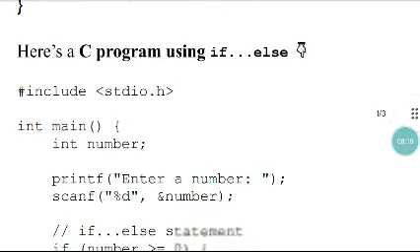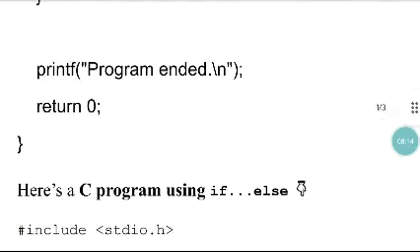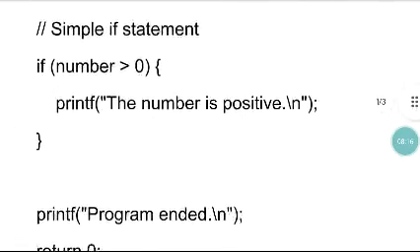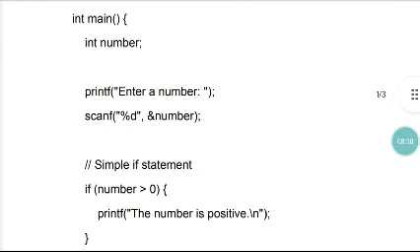Another example of using the simple if, meaning no else is there. What does the program say? If the number is greater than 0, print the number is positive. If not, nothing is given. If the number greater than 0 is not true, what to write?